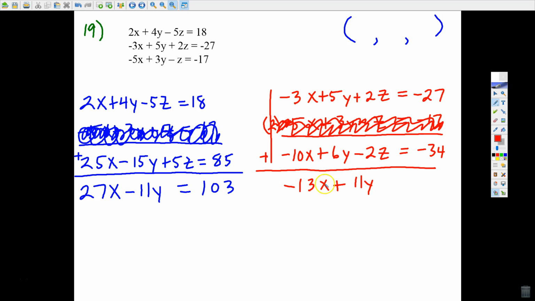Ooh, that looks good. It's going to eliminate real well. And -27 plus -34 is -61. Okay, now what? Reagan, what do I do next?